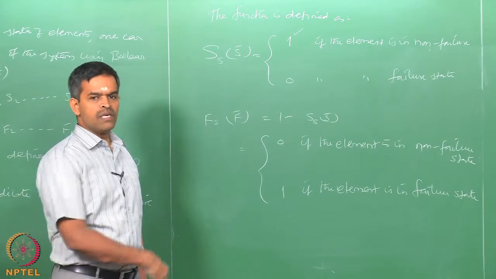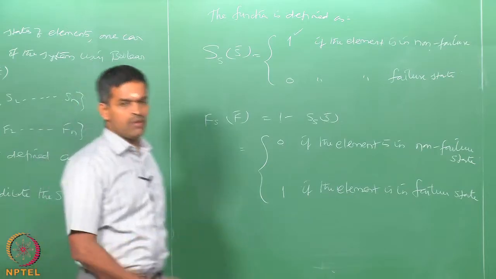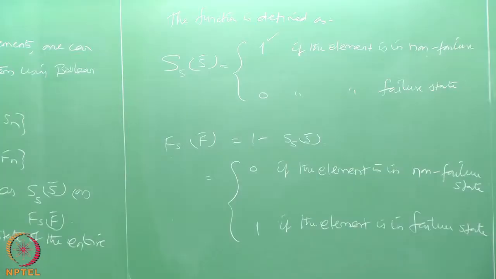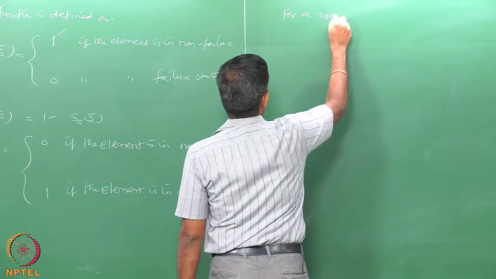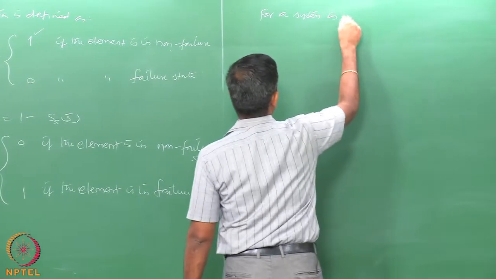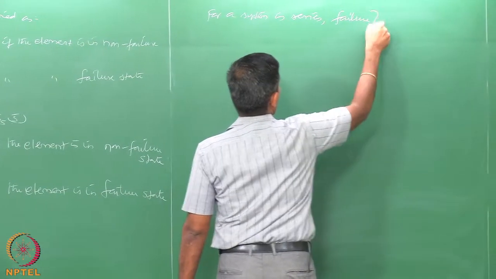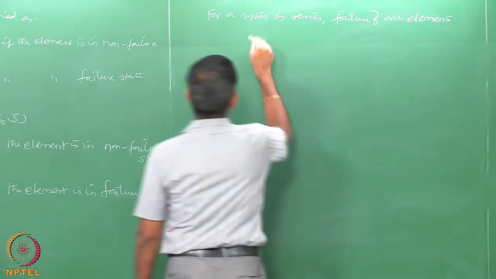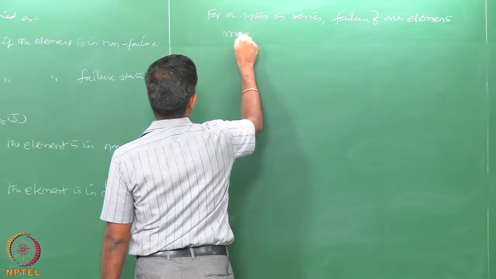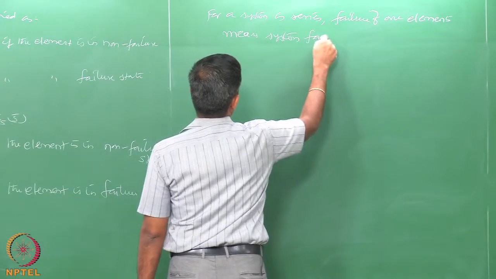Now, for the system in series, failure of one element means the system failure. Now, for a structural system in series, failure of one element means system failure.